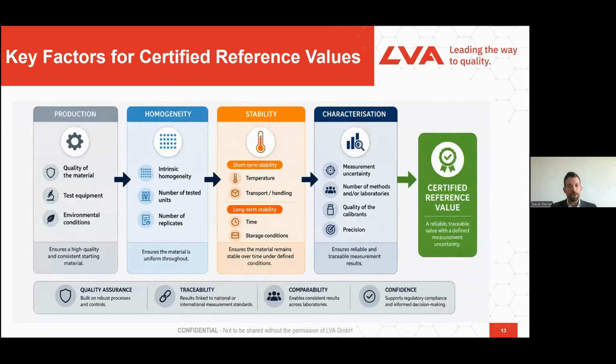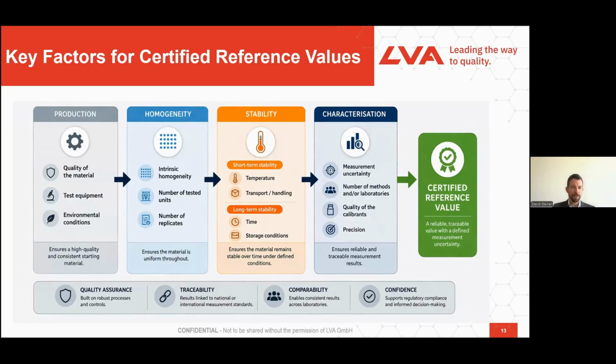But how does all this influence the assignment of a certified value of a reference material, the overall target, if you want? One important point to highlight right at the beginning is that a certified value is never just a number. It is always accompanied with a defined uncertainty.